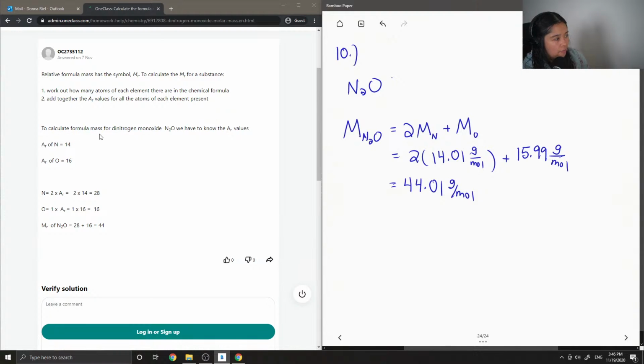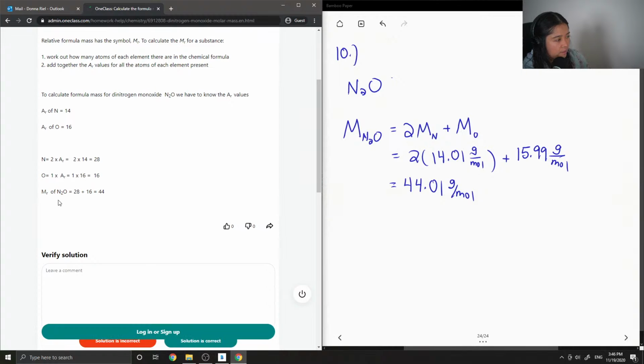So to calculate formula mass for dinitrogen monoxide, we have to know the AR values. Nitrogen is 14, oxygen 16. And then they showed the multiplying it out. And then the last step is to add 28 plus 16 to get 44. Yep, so this solution is correct.